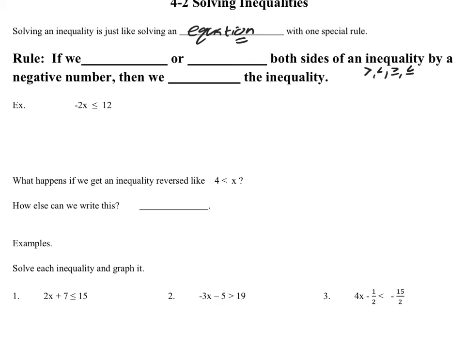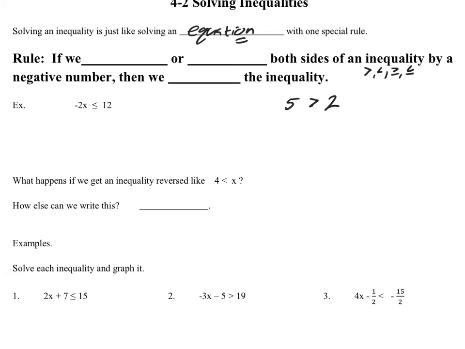So one thing we need to note is that when we're comparing two numbers, so let's say 5 is greater than 2, this is currently a true statement. But one thing we're allowed to do in math is multiply both sides of an equation or an inequality by the same number.